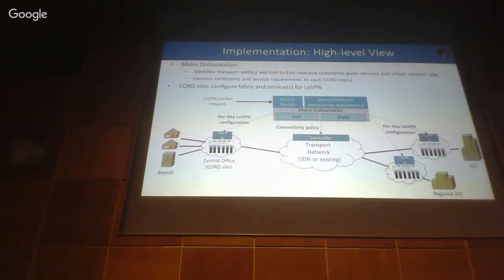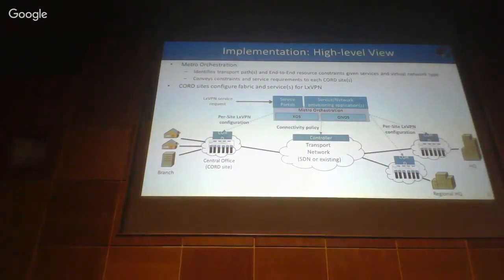For us, it means you have an understanding of a service that spans end-to-end, that spans multiple sites, right? But that original service gets broken down into multiple configuration actions, essentially. So there's a per site layer 2 VPN configuration on every CORD site that is involved in this.